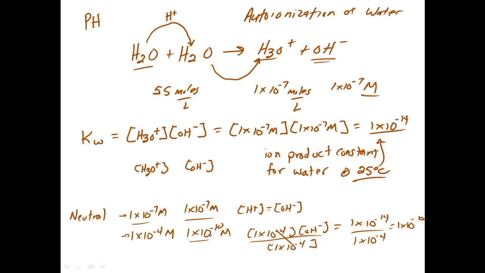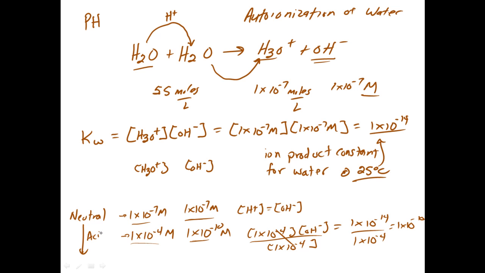Now again, this is less than what it was in the neutral solution, because again, the multiplication of the hydrogen ion times the hydroxide must equal 1 times 10 to the negative 14th at 25 degrees Celsius. So these are solutions where the hydrogen ion concentration or hydronium ion concentration is greater than 1 times 10 to the negative 7th.